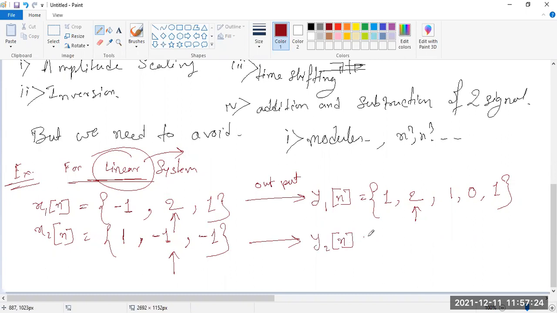What is the value of y2[n]? The value is -1, 1, 0, 2.